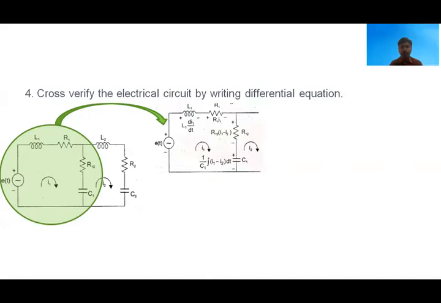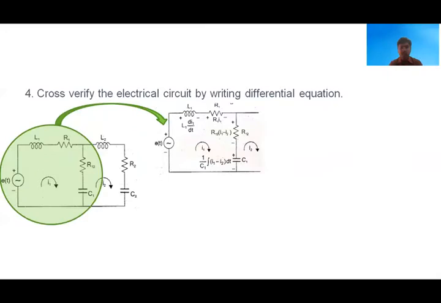And the voltage across R1 is R1 into I1, because the current passing through R1 is I1, and the voltage across R12 is R12 into I1 minus I2, because the current passing through R12 resistor is the differential current I1 minus I2. I1 is the first loop current and I2 is the second loop current. By the direction assumption, the current passing through R12 is I1 minus I2 for the first loop.